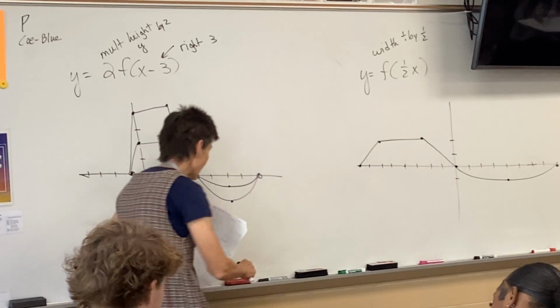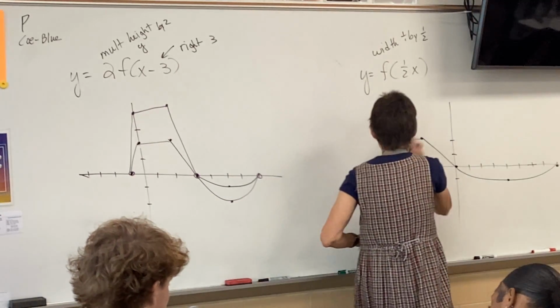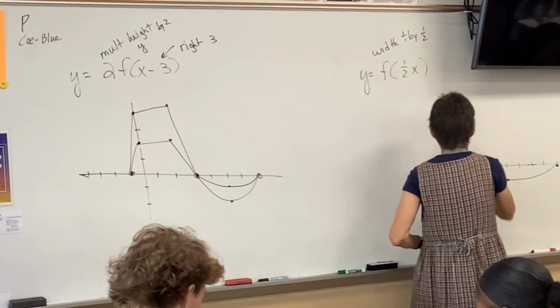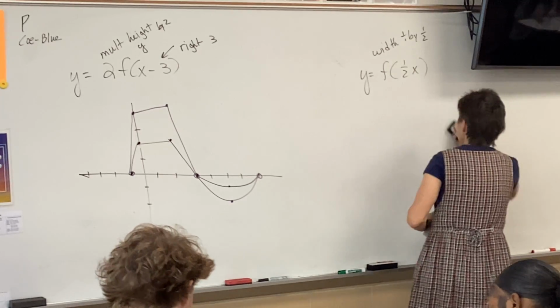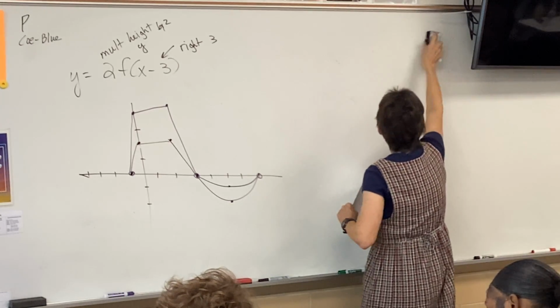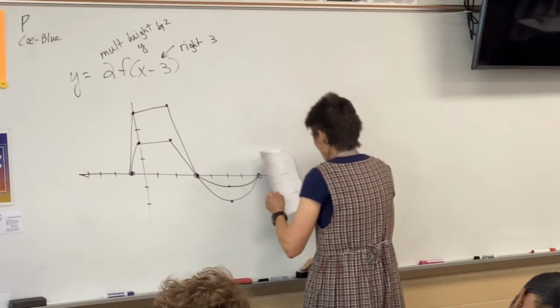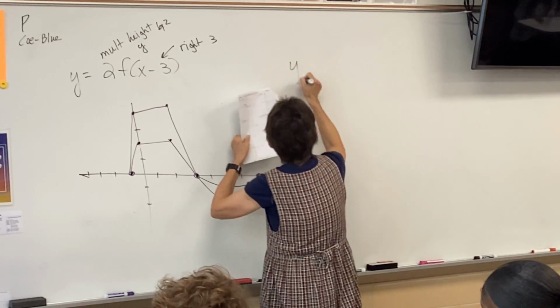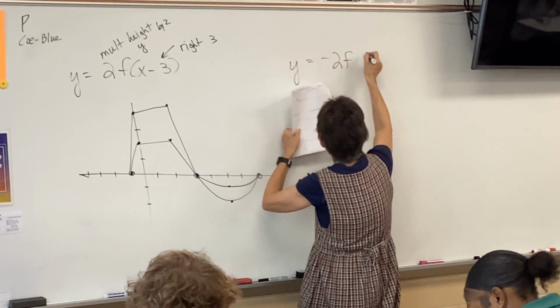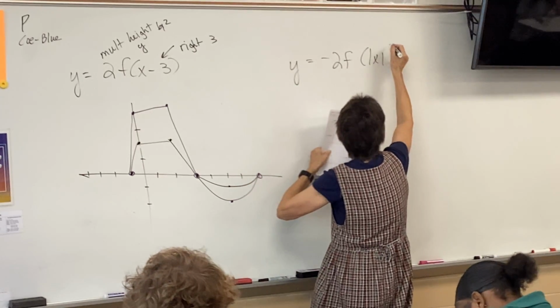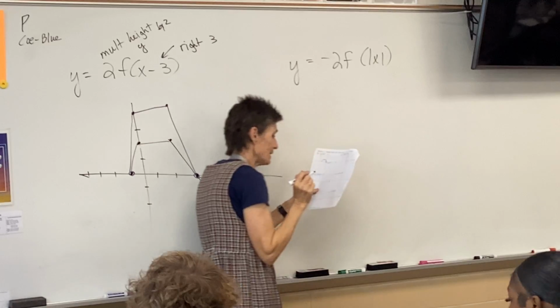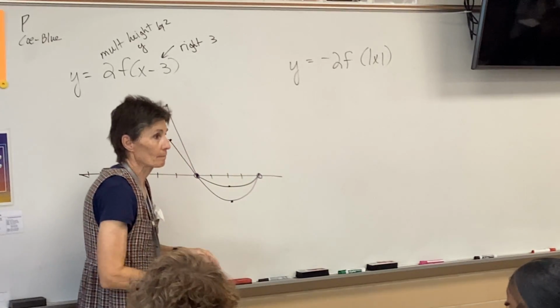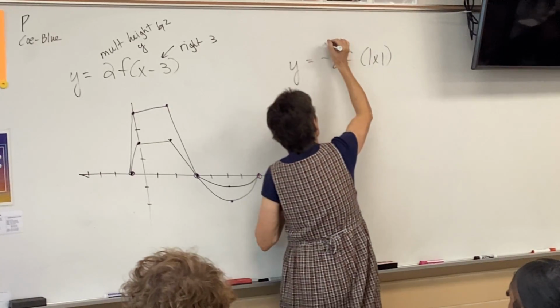All right, and then the last one. There's a lot going on here. 3 things to be exact. What are the 3 things that are happening in this problem? Flip upside down. It's going to go upside down.